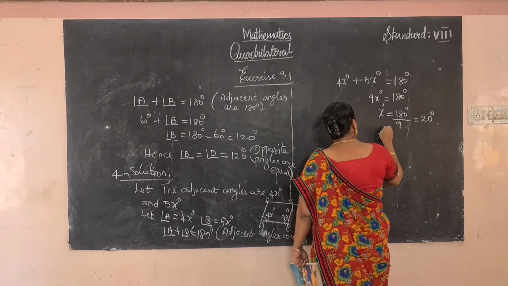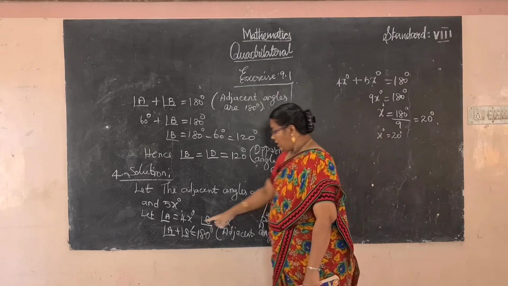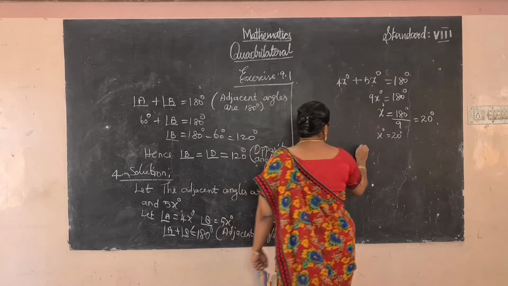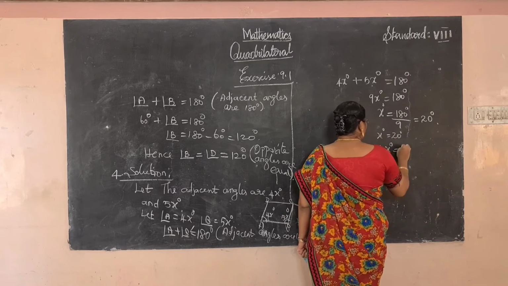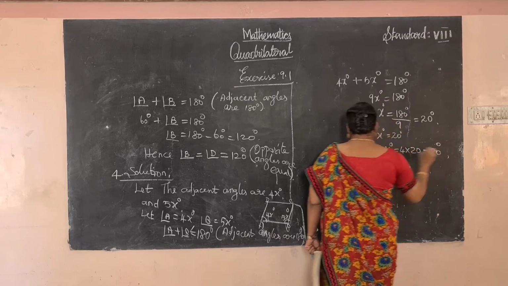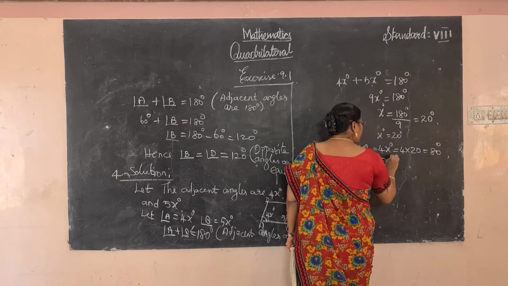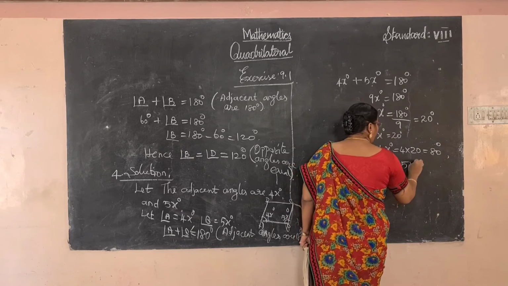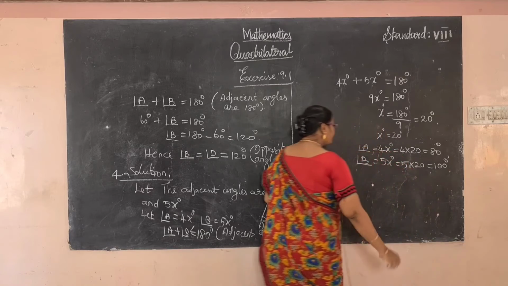So x equals 20 degrees. Then substitute this value in angle A. Angle A is 4x degrees, so 4 multiplied by 20 is equal to 80 degrees. And then B is equal to 5x degrees, 5 multiplied by 20 is equal to 100 degrees.